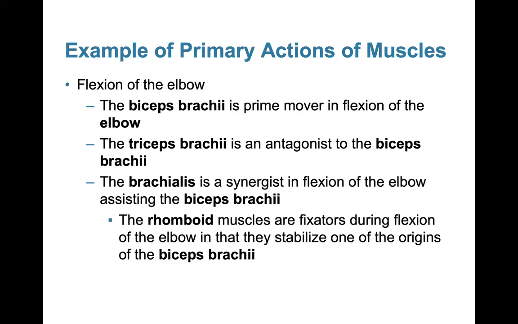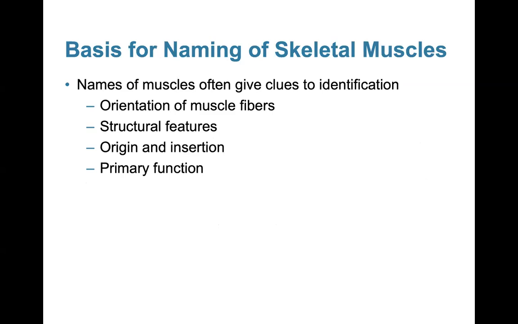The triceps brachii is actually an antagonist, so it will do the opposite action. It will actually extend at the elbow. The brachialis is a synergist in flexion at the elbow, so because it's a synergist, the brachialis is assisting the biceps brachii. These are just some examples of how these muscles will work.